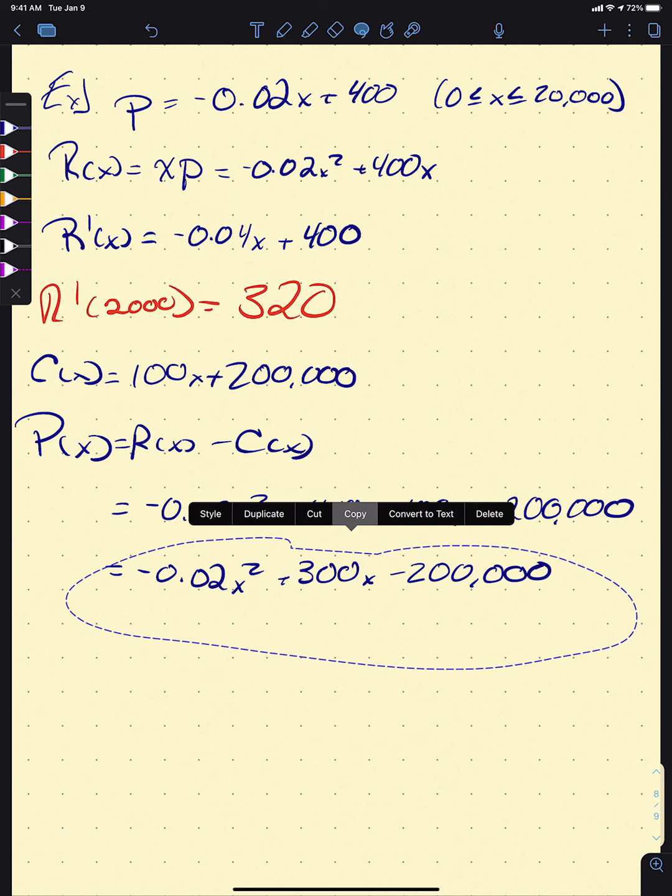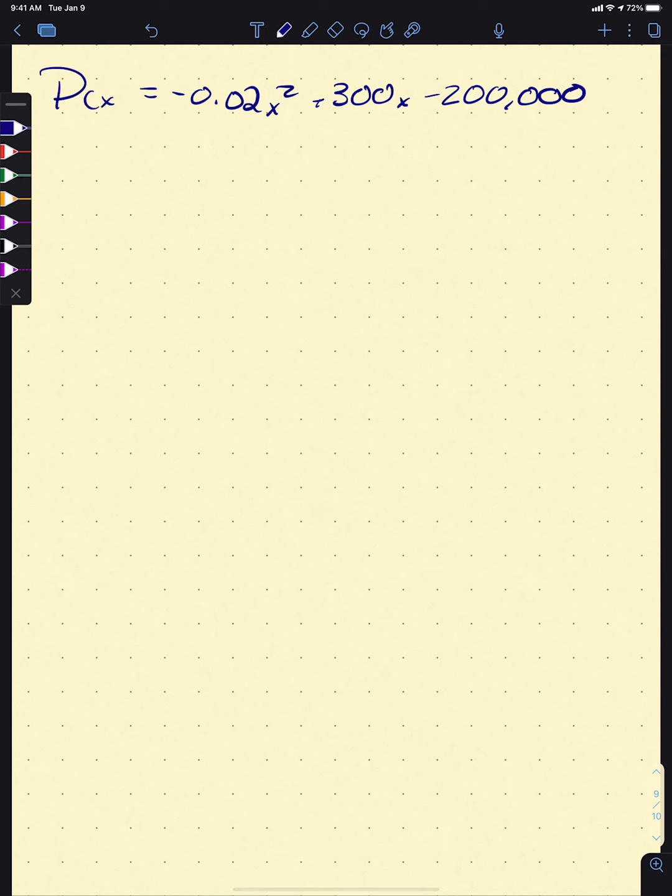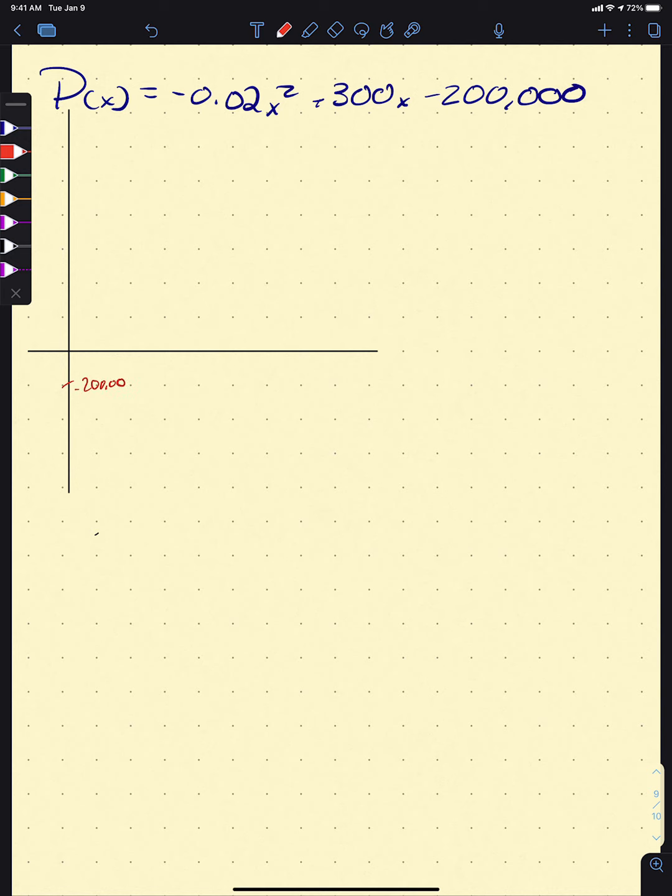So here's what we can do with this. I'm going to copy this and move it to another page. This is p of x. There's a couple of useful pieces of information here. One, we can graph this function. I'm just going to sketch a graph really quick. We're going to have an x-intercept of minus 20,000, and it's going to maybe look something like that.